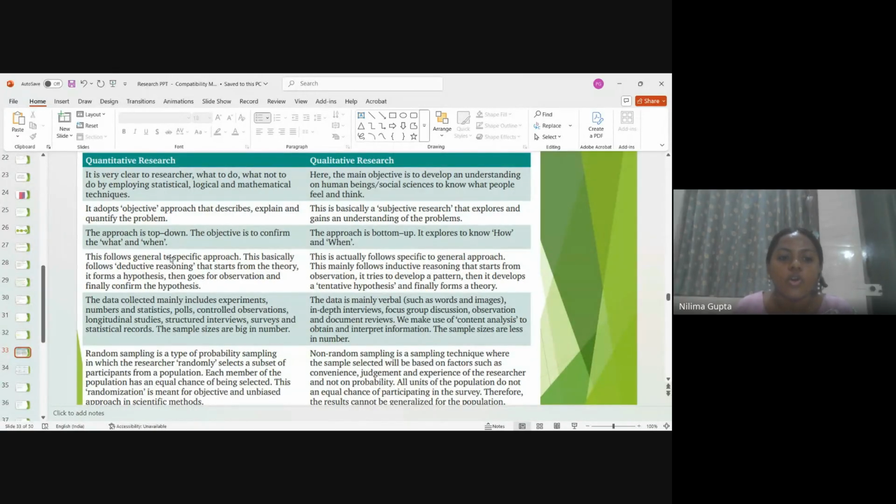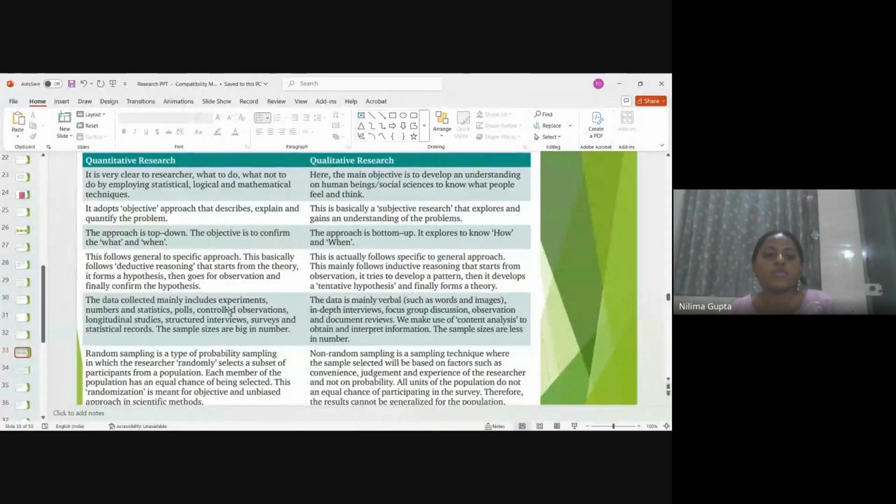Again, follows general to specific, that is deductive approach, that starts from a theory, forms hypothesis, and then goes for an observation. And in qualitative, we go vice versa, we go from specific to general, mainly follows inductive reasoning that starts from observation. It tries to develop a pattern and then tentative hypothesis.